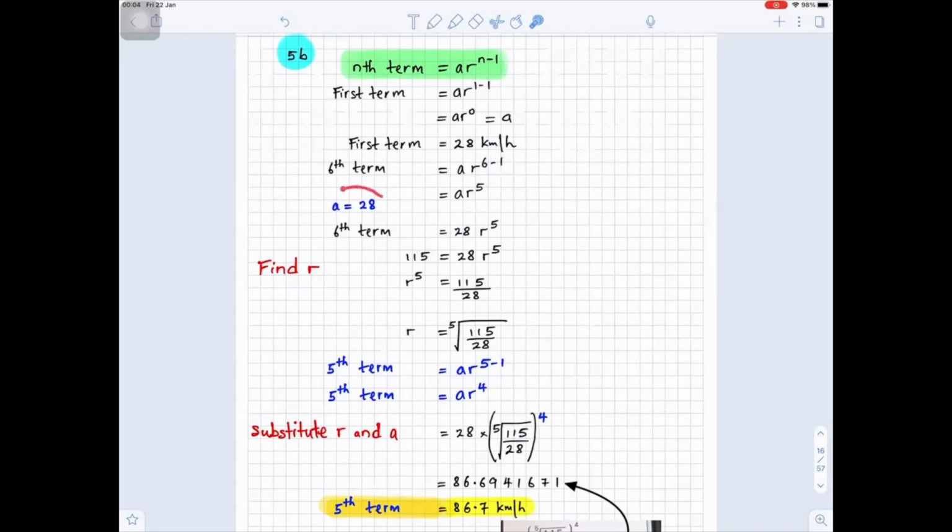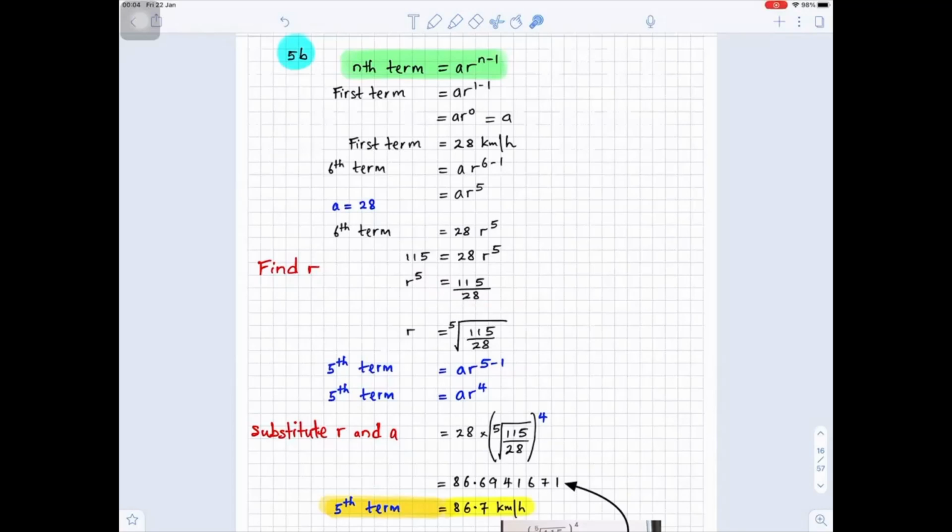But we know a is equal to 28. So you substitute 28. So the sixth term is equal to 28 times r to the 5. But the sixth term is 115. So 115 equals 28 times r to the 5. So r to the 5 is 115 divided by 28. The opposite of r to the 5 is the fifth root. So we want to find the fifth root of 115 over 28.